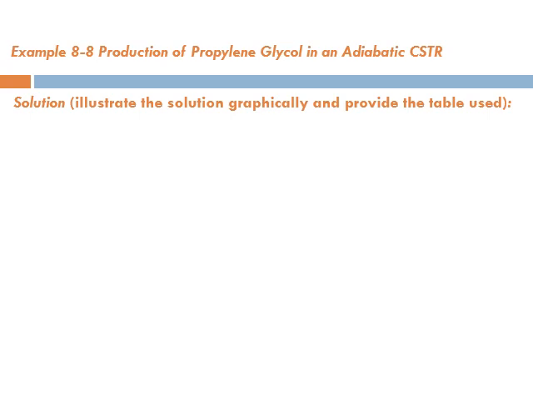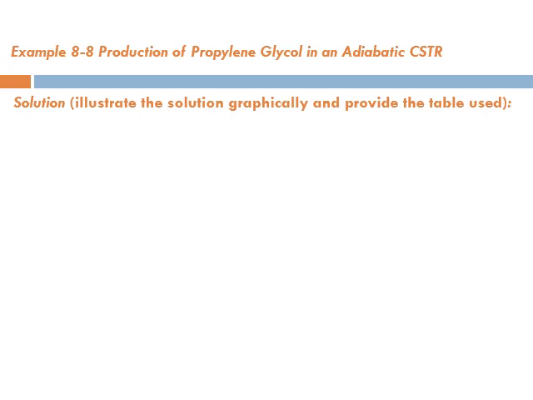Okay, solution. So illustrate the solution graphically and provide the table used. Now we want to solve this problem, finding the required information, which is X and T. We want to use the graph, and of course, if you're going to use a graph, you're going to use a table to plot, right?